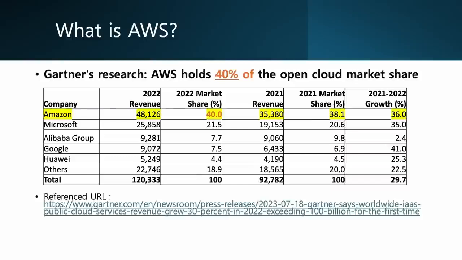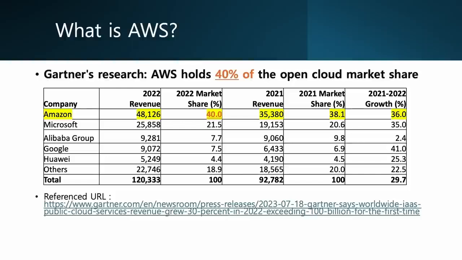Earlier, we looked at what the cloud is in general and the types of clouds. Now, let's learn about AWS, the certification we are preparing for. According to Gartner, AWS market share is approaching 40% as of 2022. It's the #1 public cloud.